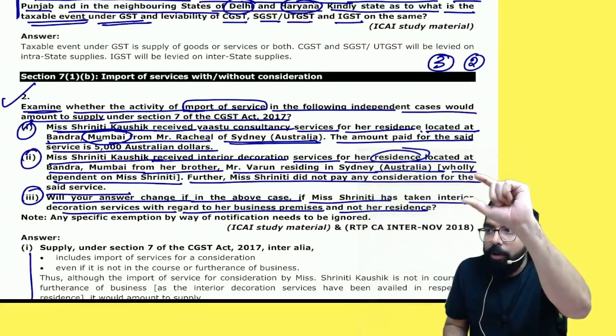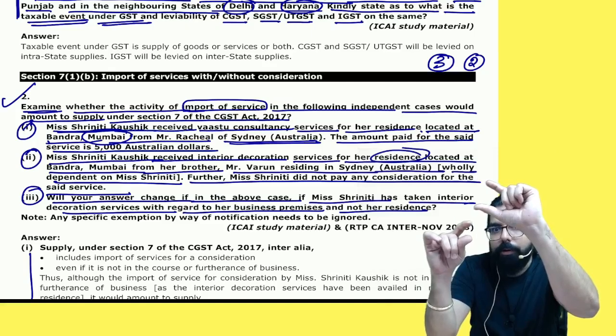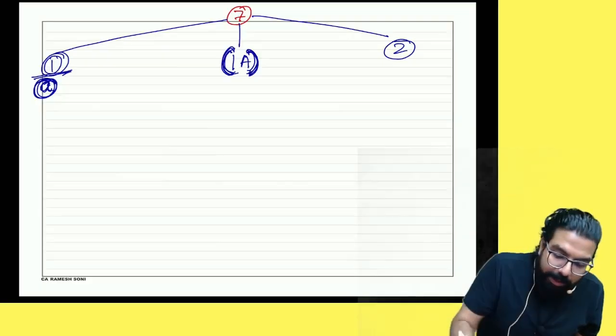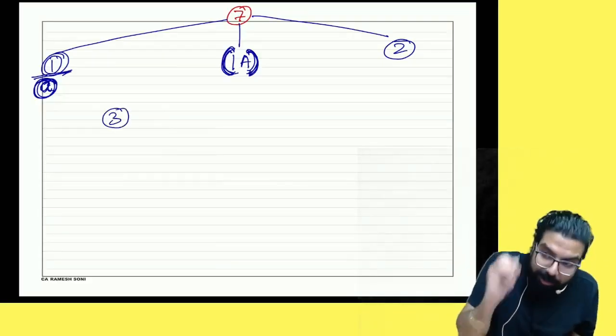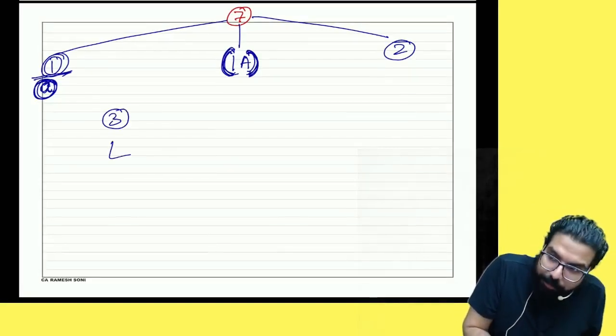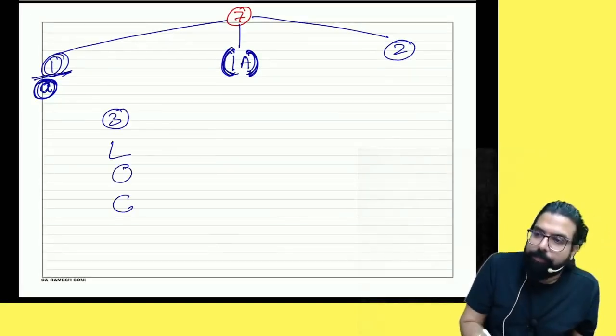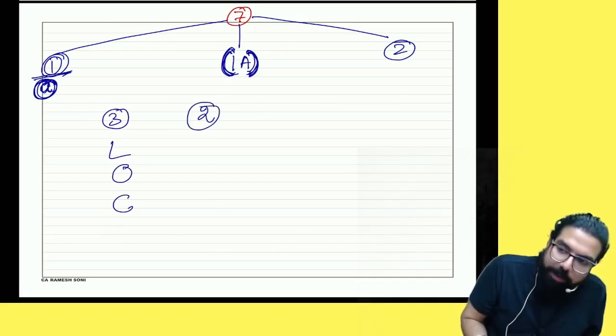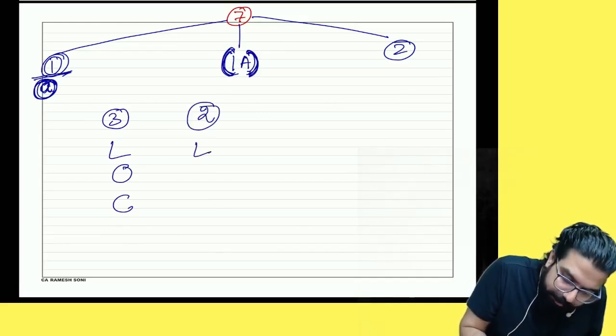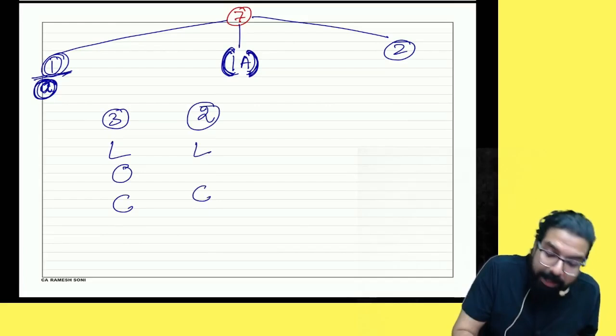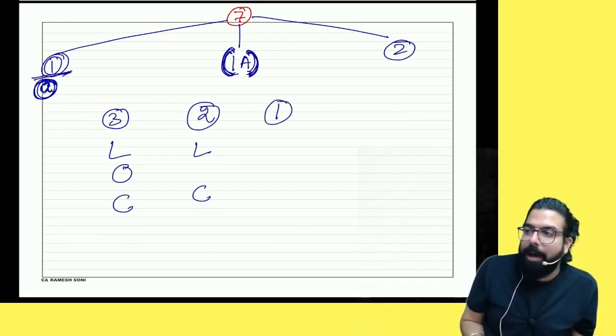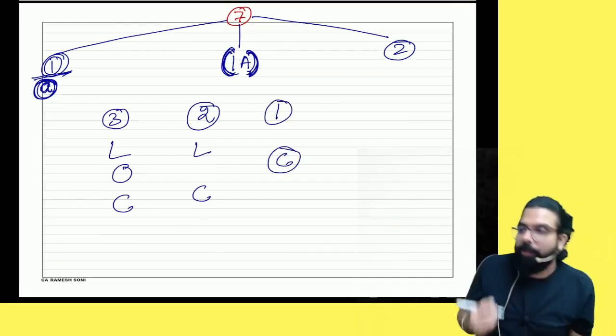You write the law, you write the conclusion. If it is for 1 mark, you directly write the conclusion.